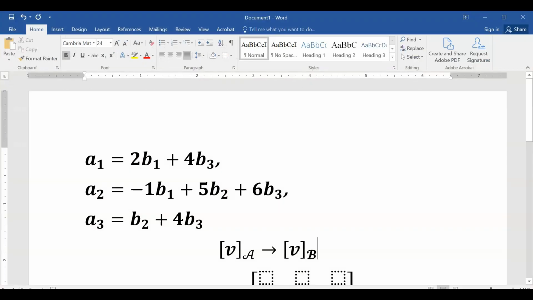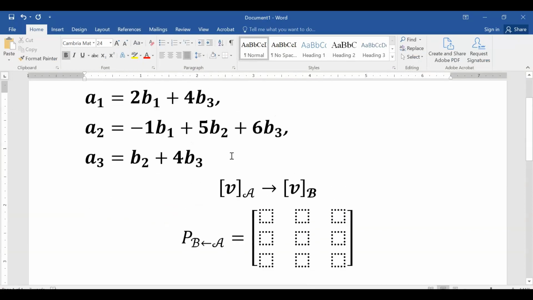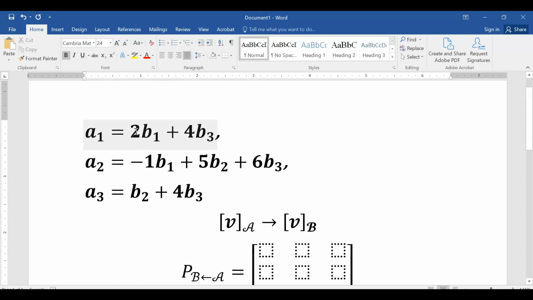All right, so hopefully you did that. We have these three equations here. A1 is 2 times B1 plus 4 times B3. A2 is negative 1B1 plus 5B2 plus 6B3. And A3 is B2 plus 4B3.